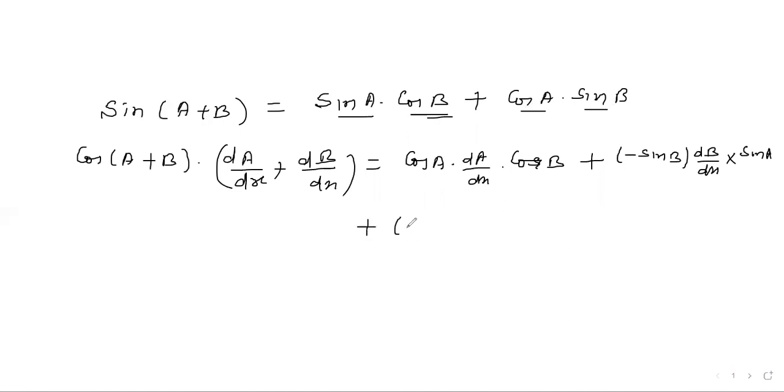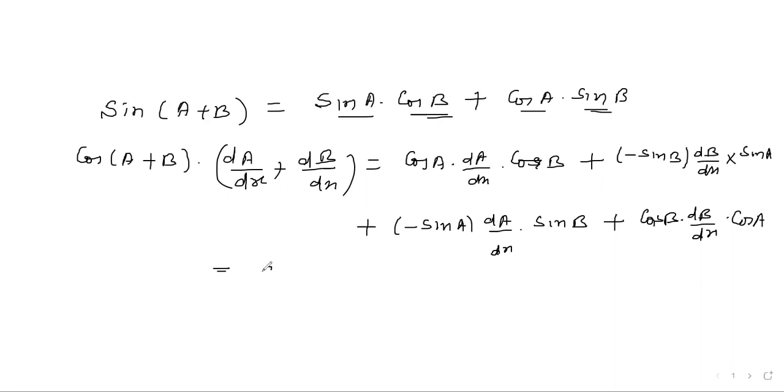So this becomes minus sin A times dA/dx times sin B. Then we differentiate sin B, so that will become cos B dB/dx times cos A.